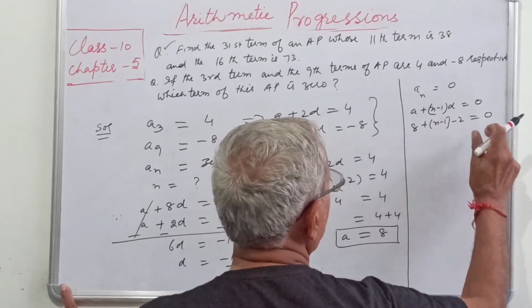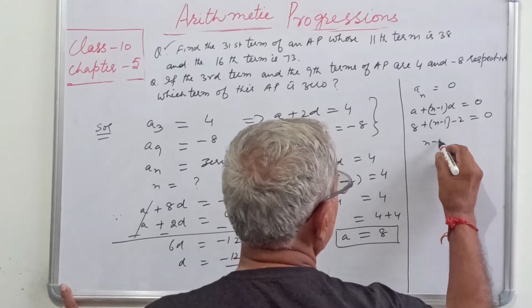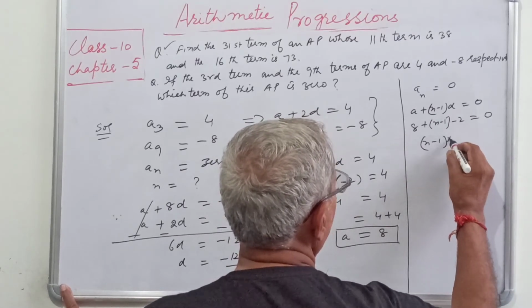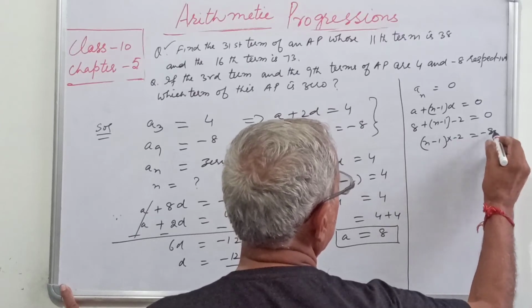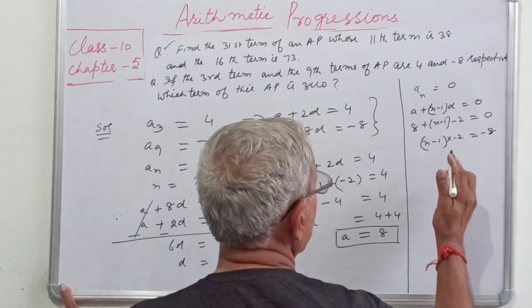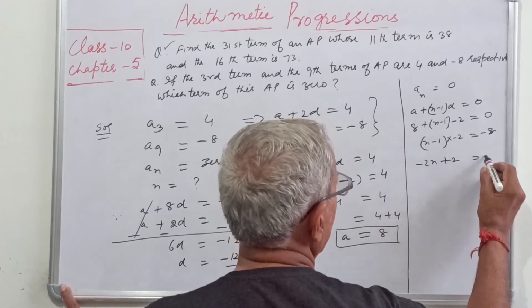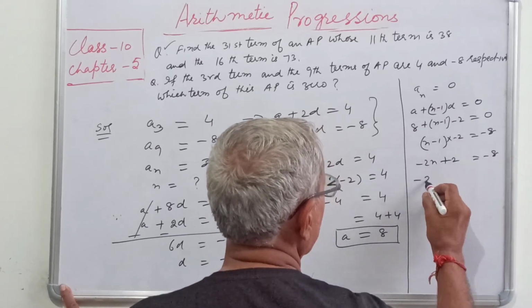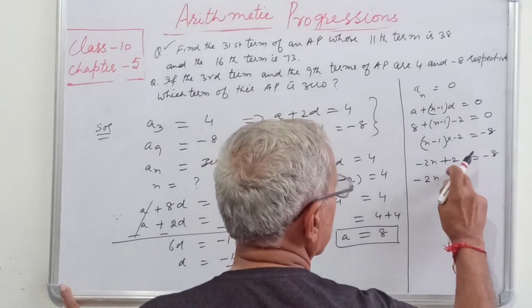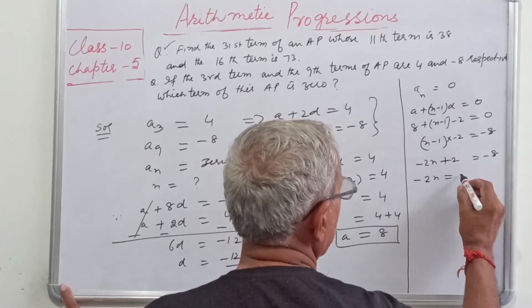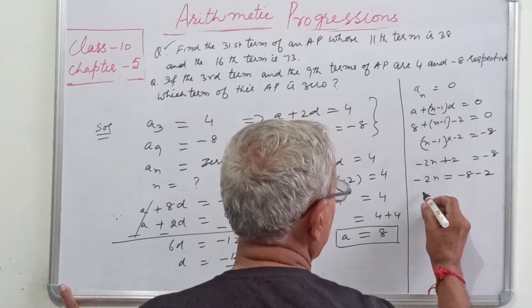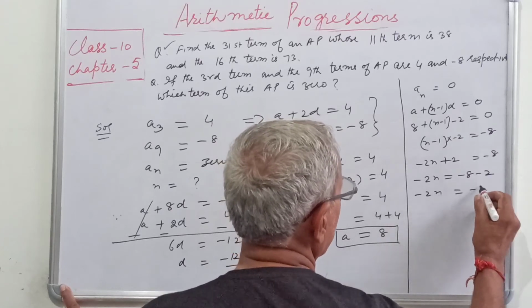Taking 8 to the other side, n minus 1 multiplied by minus 2 is equal to minus 8. Multiplying by minus 2, minus 2n plus 2 is equal to minus 8. Taking 2 to the other side, minus 2n is equal to minus 8 minus 2, so minus 2n is equal to minus 10.